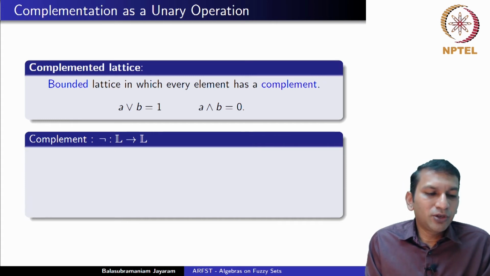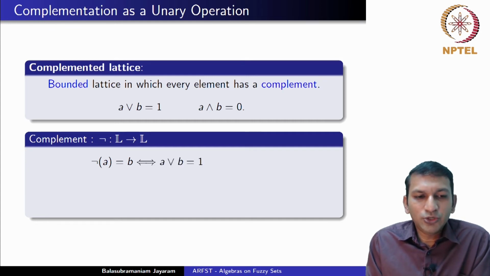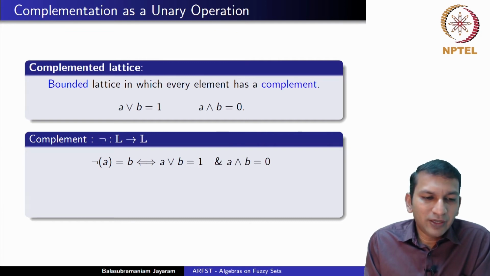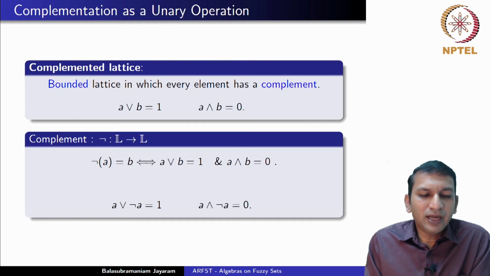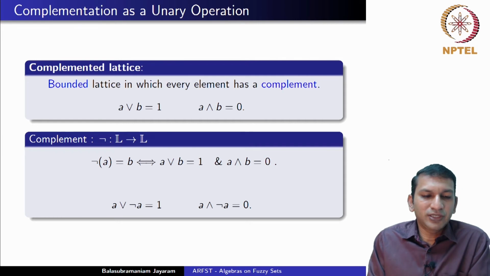Let's denote the complement in terms of the symbol negation. Now, if you take an A, negation of A we say is B if and only if A join B is 1 and A meet B is 0. Now, if you were to write B as negation A, this is how the above identities will look like. A join negation A is 1, A meet negation A is 0.